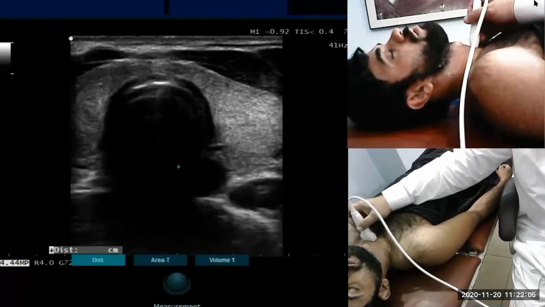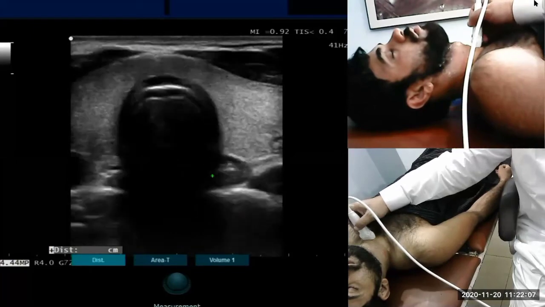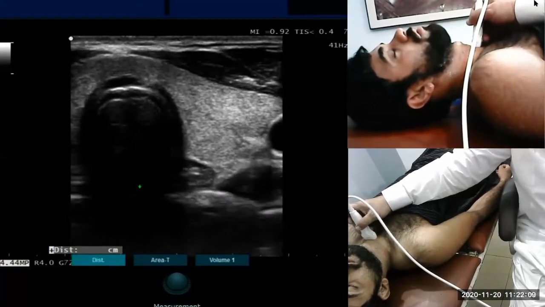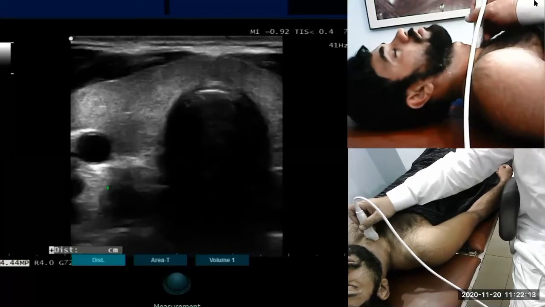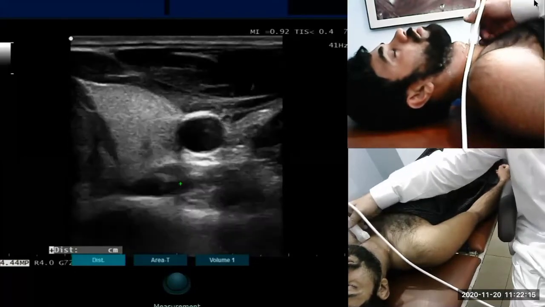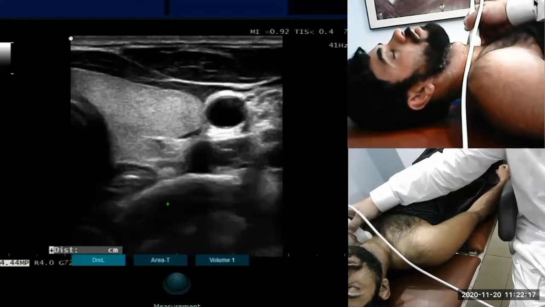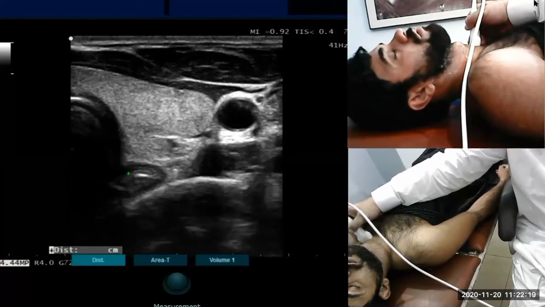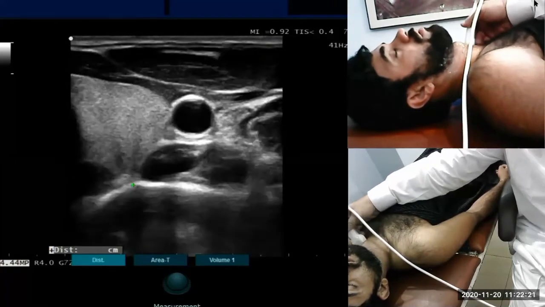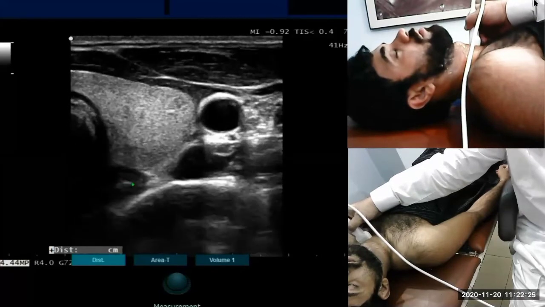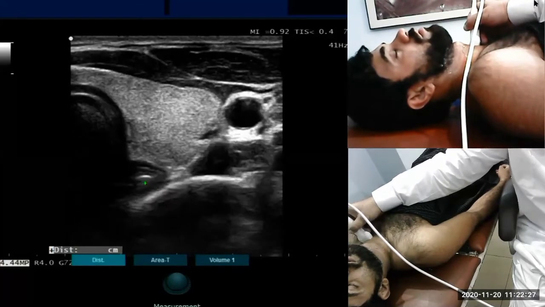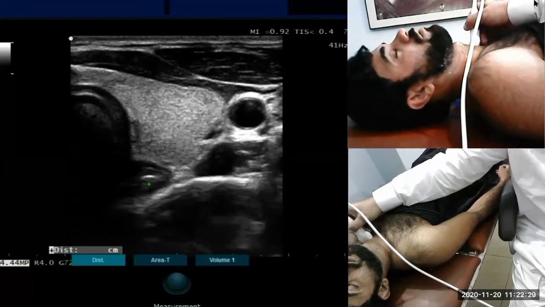Sometimes we do find the esophagus in the middle or a little to the right and a little to the left. But here you can see the esophagus, this round. The white is the lumen here. There is some maybe air bubble inside.